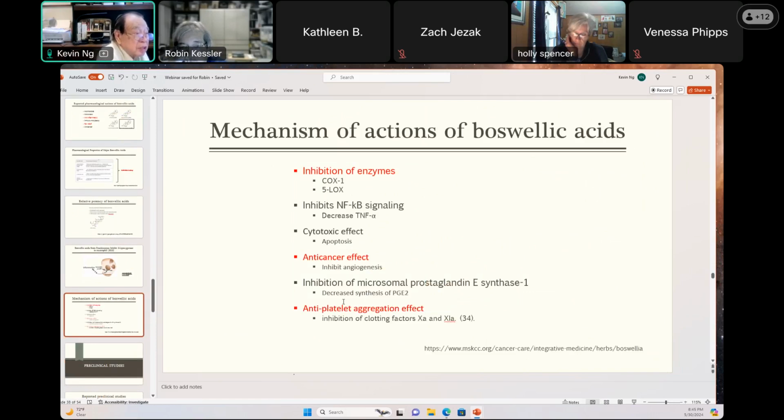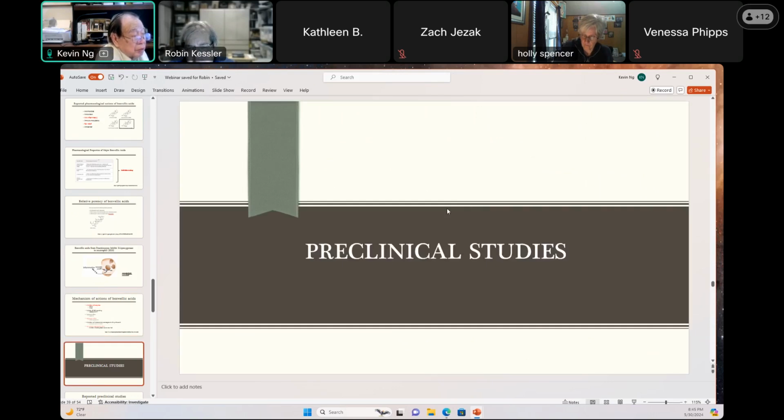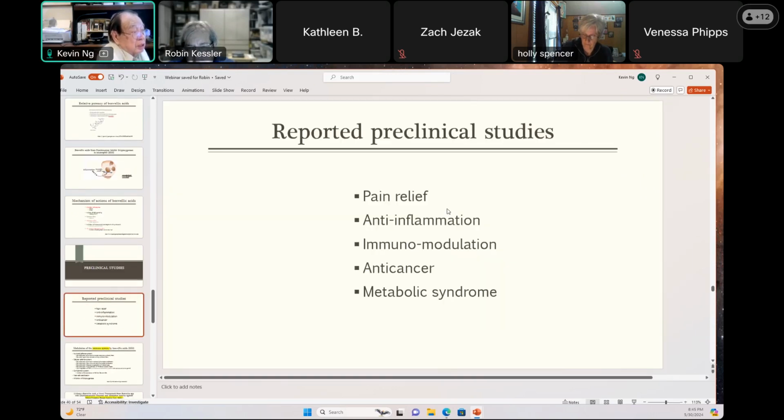Besides its action on the enzyme, boswellic acid also has anti-cancer property. It also has a property to prevent blood clotting, just like aspirin. Now, what are the clinical trials? The clinical trials have been focused on how to stop the pain, how to reduce inflammation, and how you can knock off the cancer.